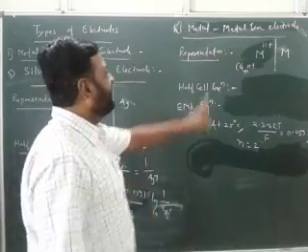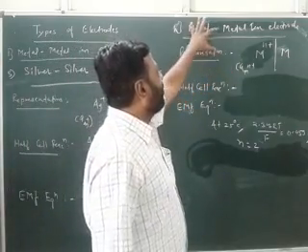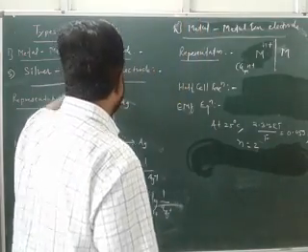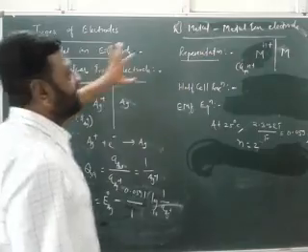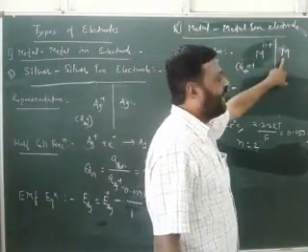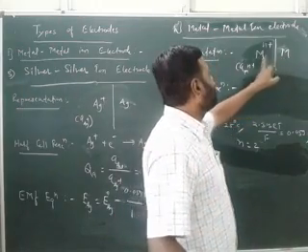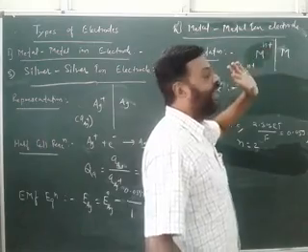So we see here the representation of a metal ion electrode. Metal, silver, is in contact with its own ion. Similarly, in general, a metal M is in contact with M raised to n plus.